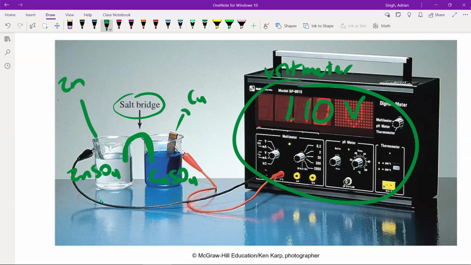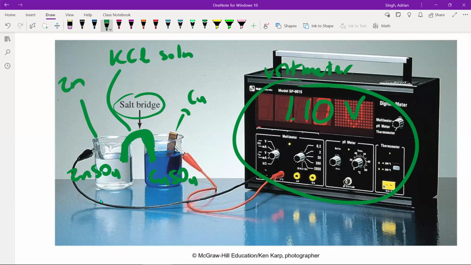If we didn't have that salt bridge, which is simply like a U tube or an inverted U tube, for example, a tube with some sort of gel in there that has an inert, unreactive electrolyte solution like KCl, potassium chloride, or sometimes ammonium nitrate, there'd be a buildup of negative charge in the cathode compartment, and that would quickly prevent the cell from operating.